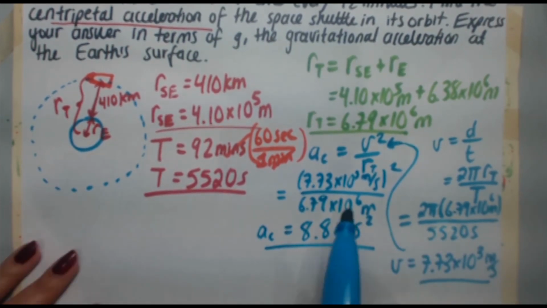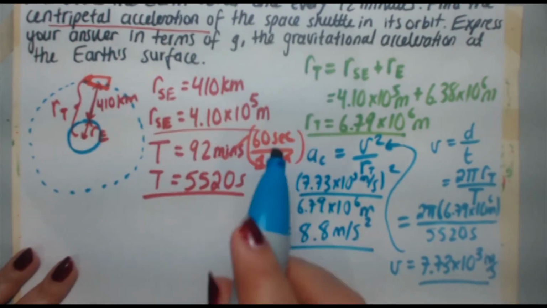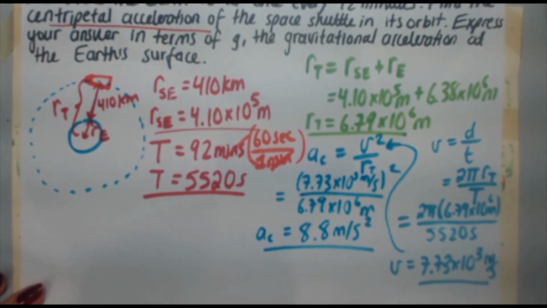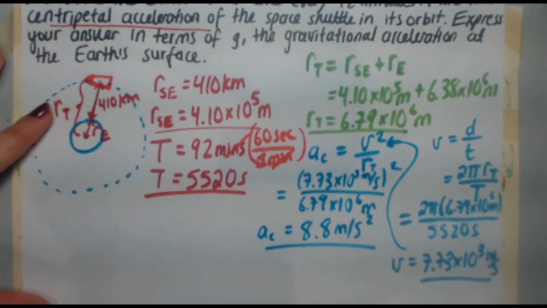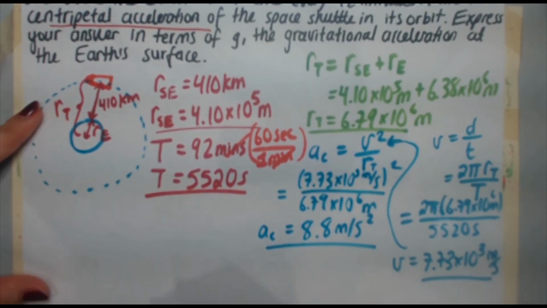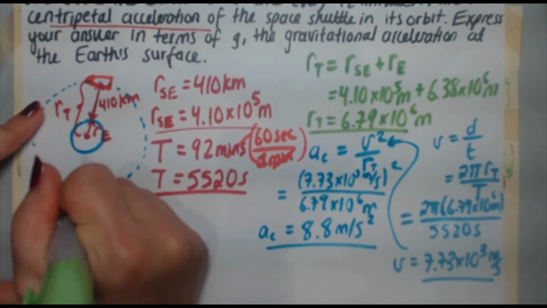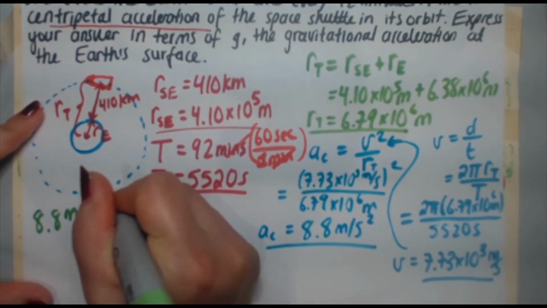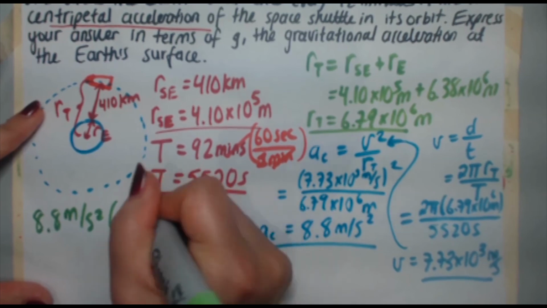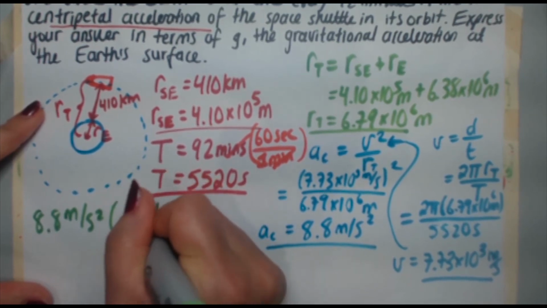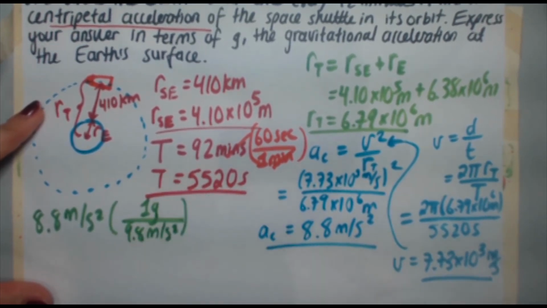We're almost done. We need to express the answer in terms of g. If you checked out video 74, we actually did the same thing. To express it in terms of g, simply take your value, 8.8 meters per second squared, and multiply by 1, telling yourself that 1 g is 9.8 meters per second squared.